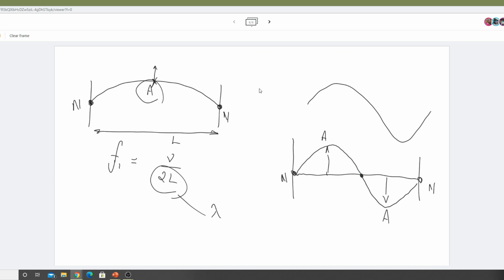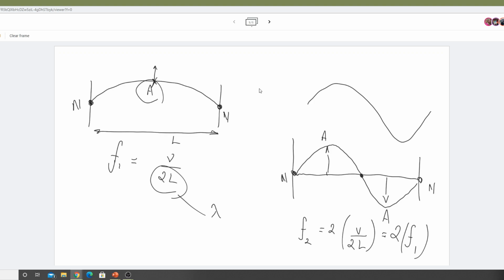So your second harmonic, which is simply 2 times F1, not V2F1, is going to be your second harmonic, right?